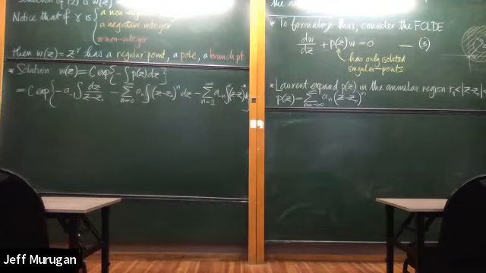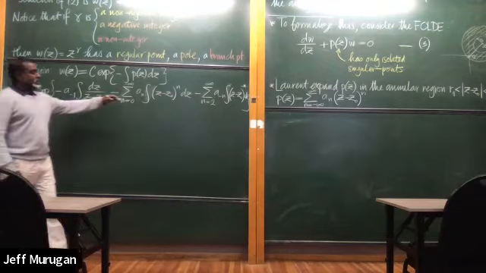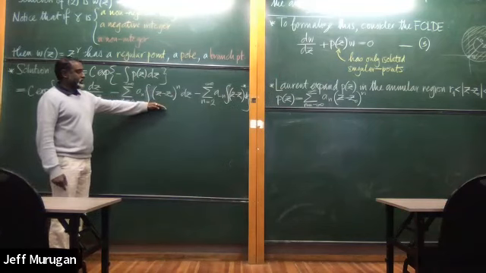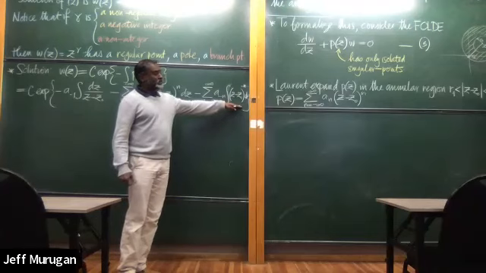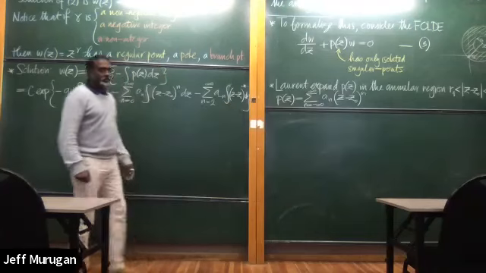I can do all of these integrals. This integral is a logarithm. This integral goes like z minus z naught to the n plus 1. This integral goes like z minus z naught to the minus n plus 1.